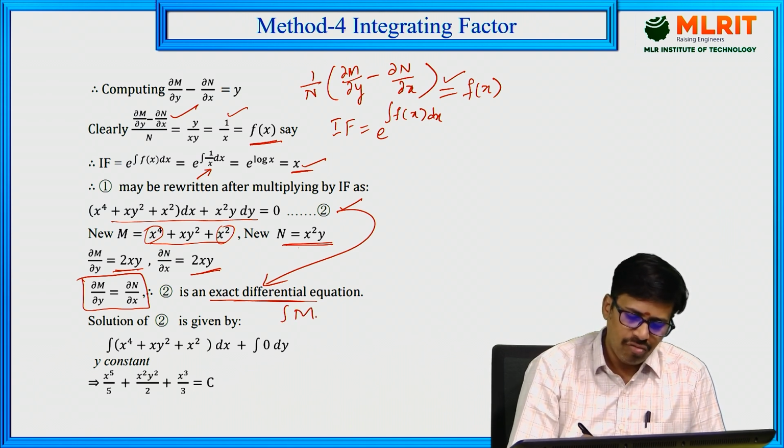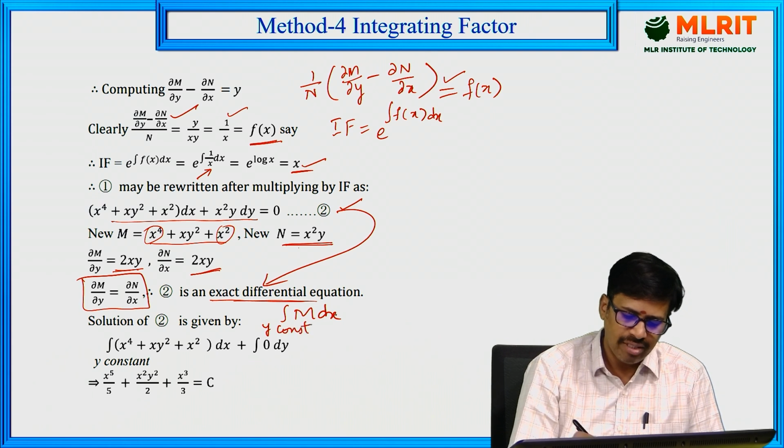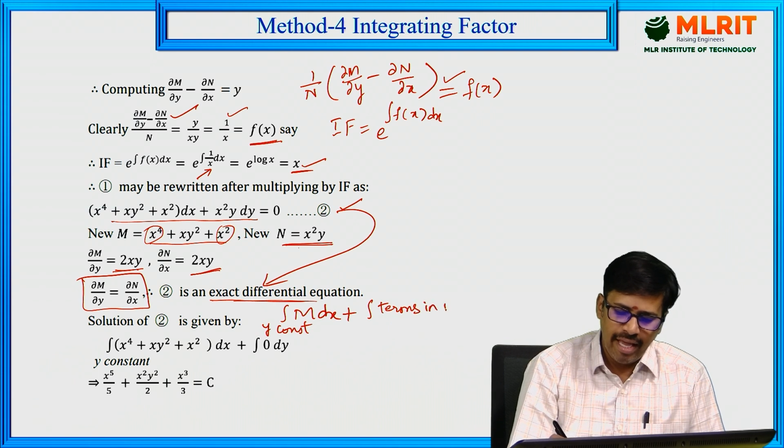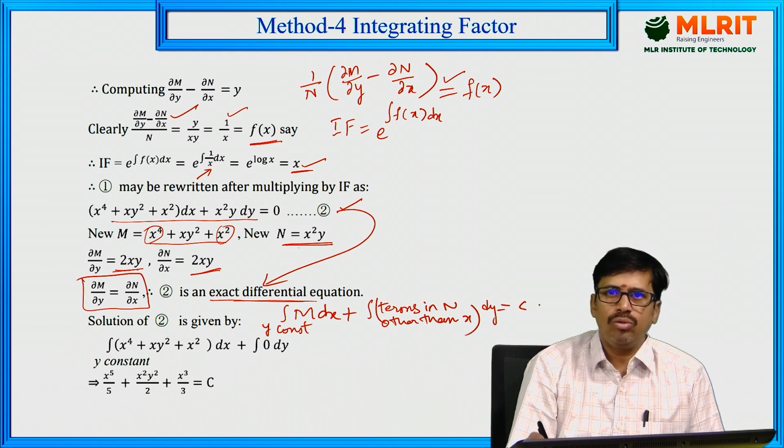Let us write the formula: integral of M dx, where y is constant, plus integral of the terms in N excluding x terms, dy, is equal to c.